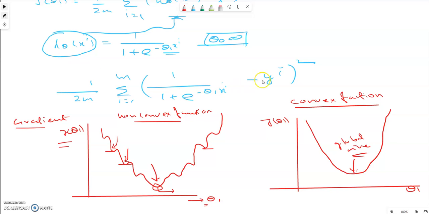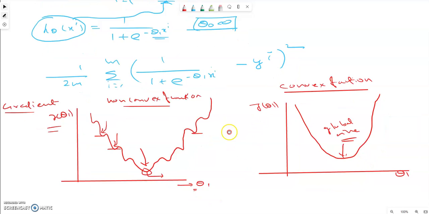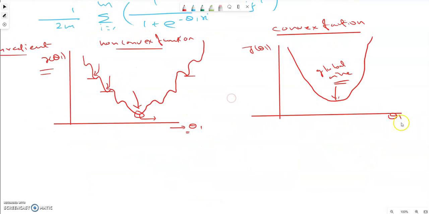This global minimum we can achieve by using the equation here. Let me just write that equation. That is called the logistic regression cost function.